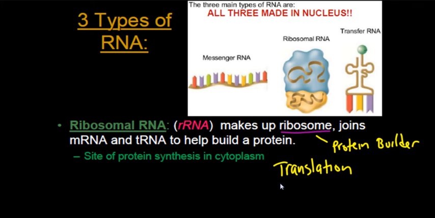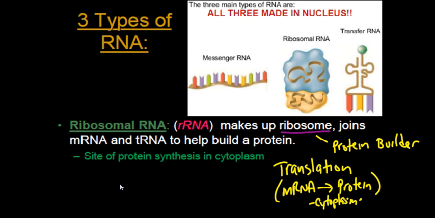Because in translation, we are going from mRNA to protein, specifically within the cytoplasm. So building those proteins, making up the RNA, making up the ribosome to essentially translate the mRNA into a protein language.